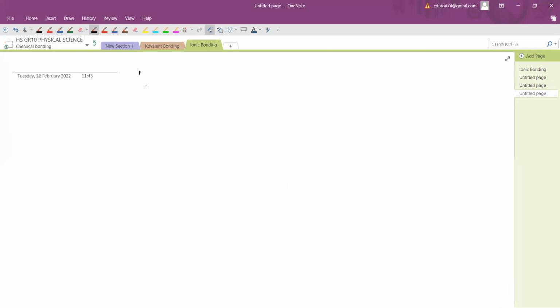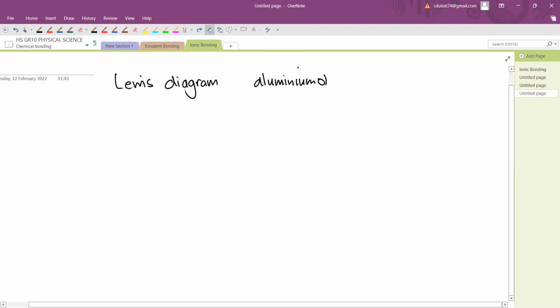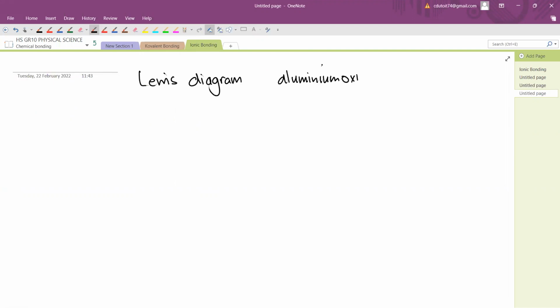I want you to write a Lewis diagram structure for aluminium oxide. Okay, before you do that, can anyone write aluminium oxide without doing those 3 steps?